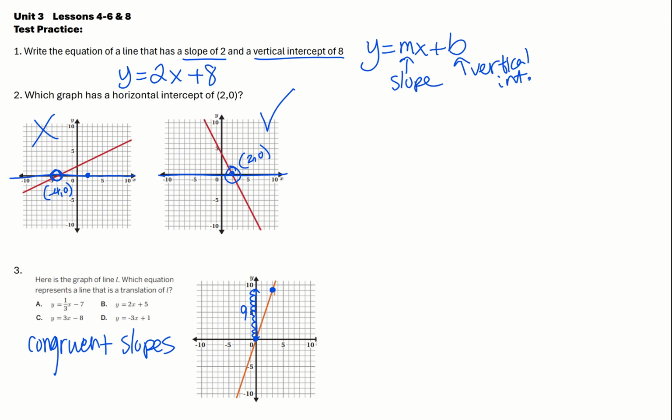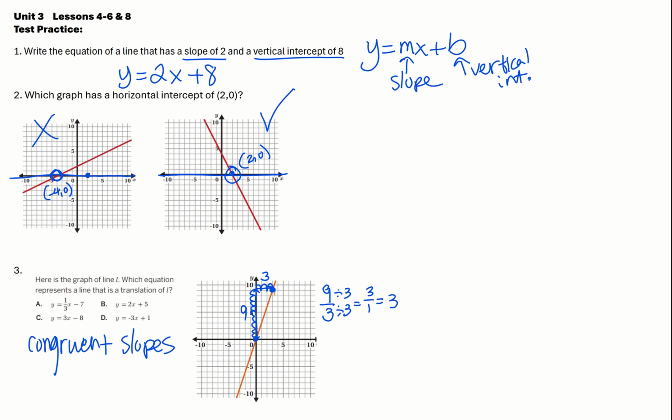So since I went up, it's positive 9. And then I do my base, and I went to the right, so that's positive 1, 2, 3. And then I set up my ratio, 9 over 3. I'm going to reduce these both by 3. I get 3 over 1, which reduces to 3.